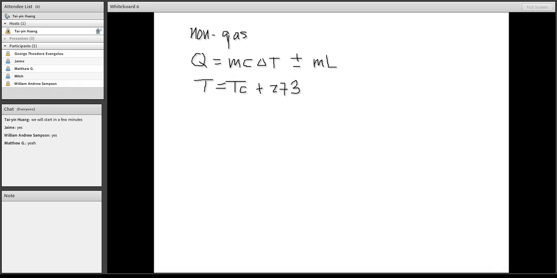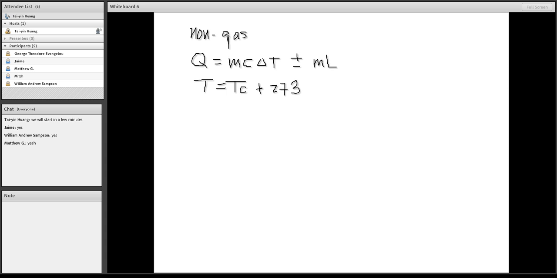Of course, we also mentioned in class the conversion from temperature in Celsius to Fahrenheit. Those are the equations that you might want to include on your formula sheet as well, and this equation gives you the temperature in Kelvin.